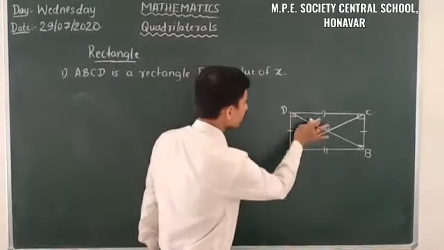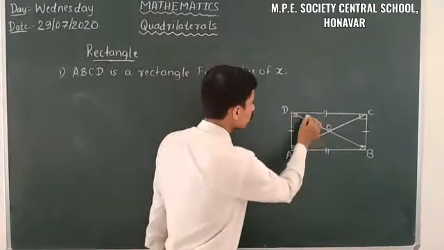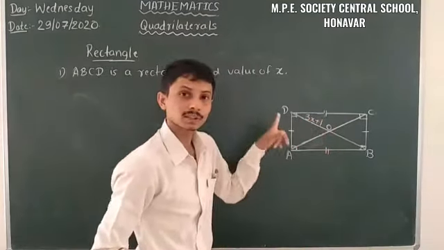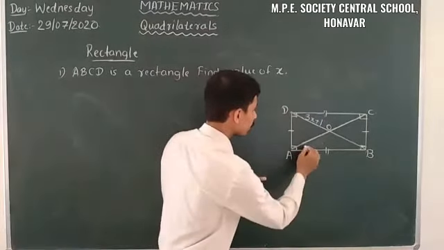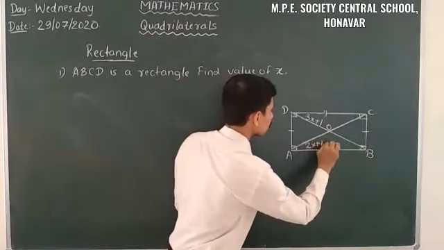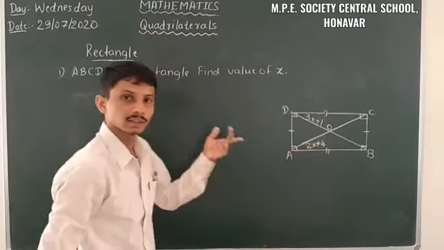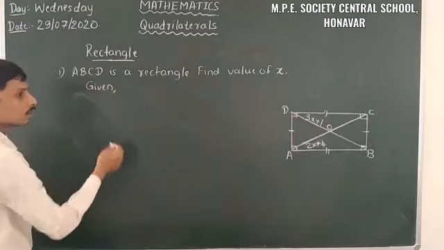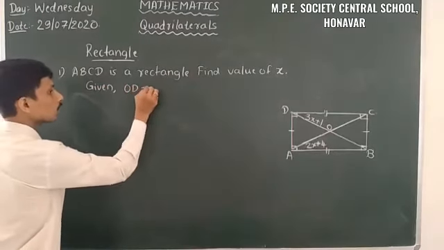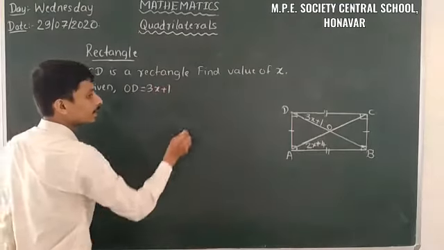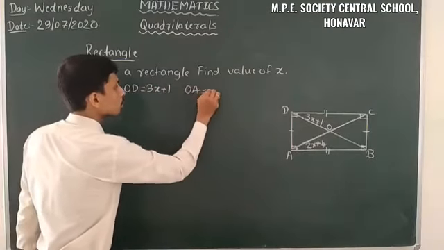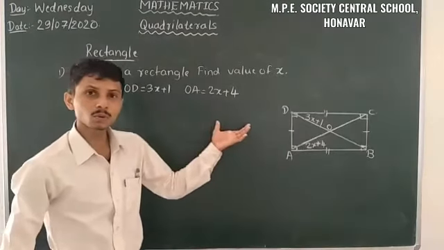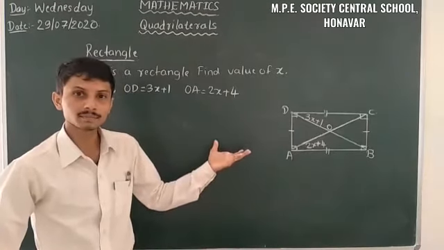The given thing is OD is 3x plus 1, so this length is 3x plus 1, and OA is equal to 2x plus 4. So these are the given things. Given OD equals 3x plus 1 and OA equals 2x plus 4. With the help of these two, we have to find out the value of x.